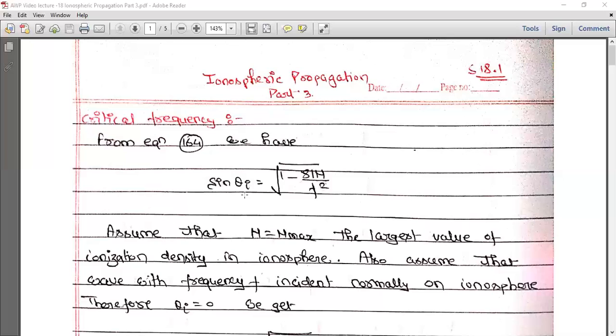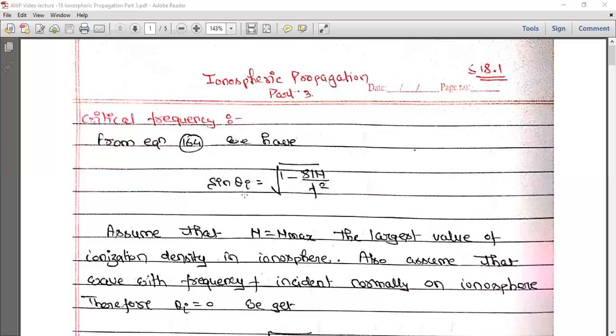For this purpose, we assume, as we understood in our last lecture, that the ionosphere has a structure in which there is free electron charge density across the ionosphere layer. But this free electron charge density is continuously varying. It is very low at the lower edge of the ionosphere, and very low at the upper edge also, but it achieves a maximum value somewhere in between.